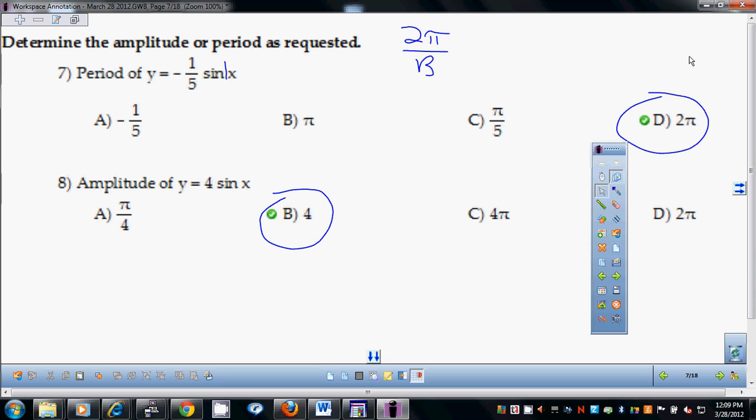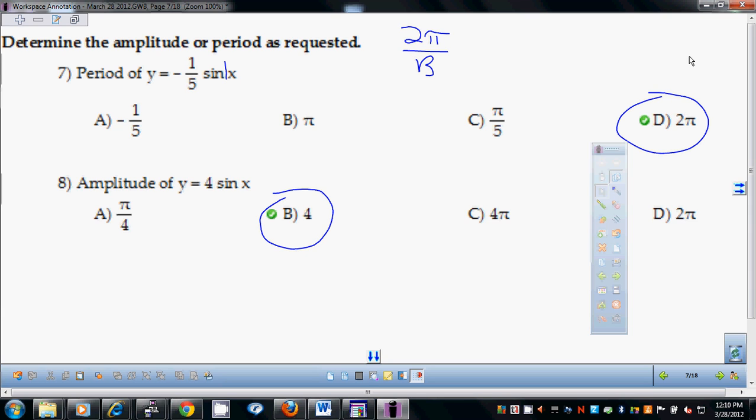You don't multiply. It's 2 pi over b. End of story. Number being multiplied by your x or theta. So like say this one had been negative 1/5 sine of 4x, it'd be 2 pi over 4. And that would give you your period.